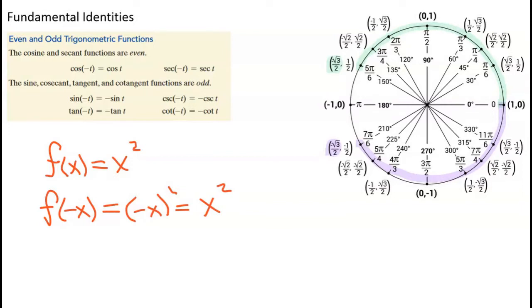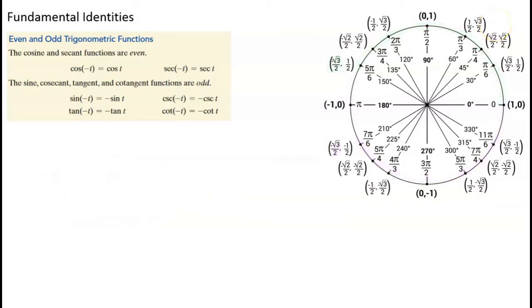Now let me explain what that means using a function you know, and I'm going to erase all my drawing and start over again. A function you know that is odd is f of x equals negative x to the 3rd power. That's an odd function. Why?